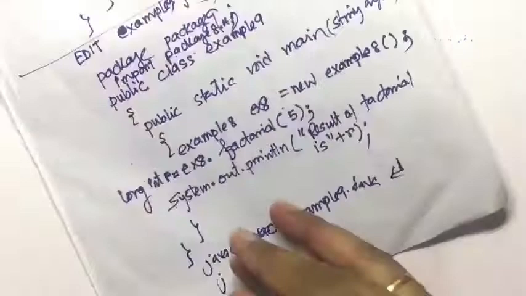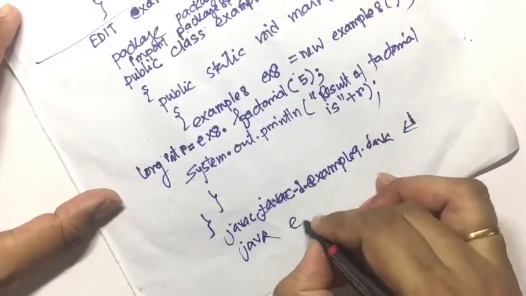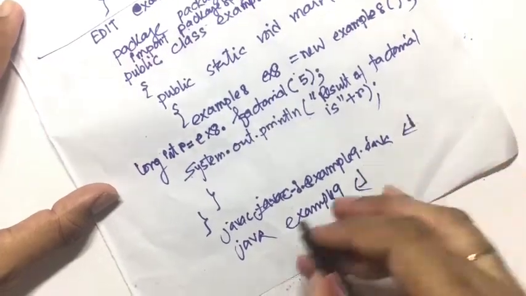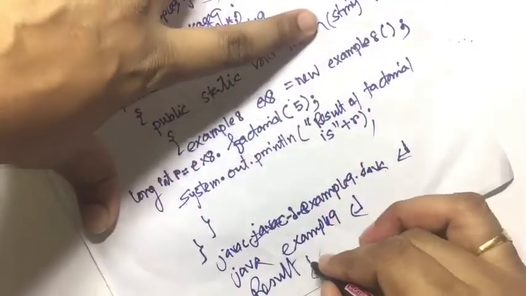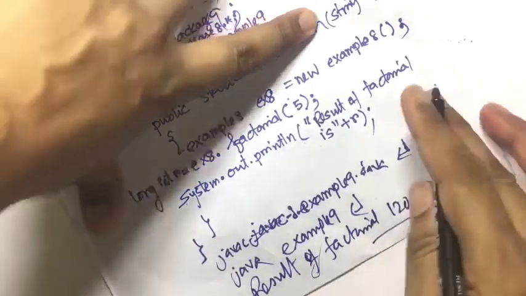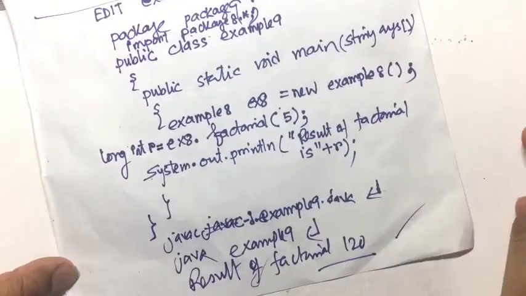Then run the Java program, java example 9. It will show the result of factorial is 120, because the factorial of 5 is 120.